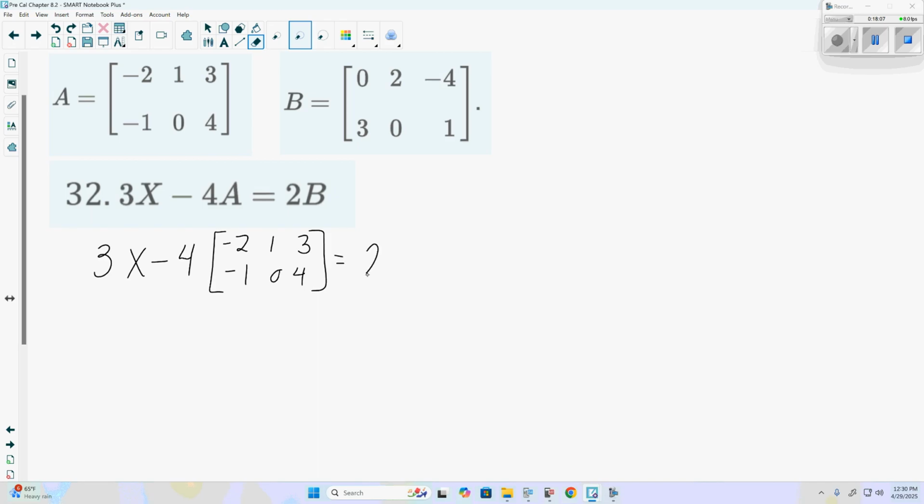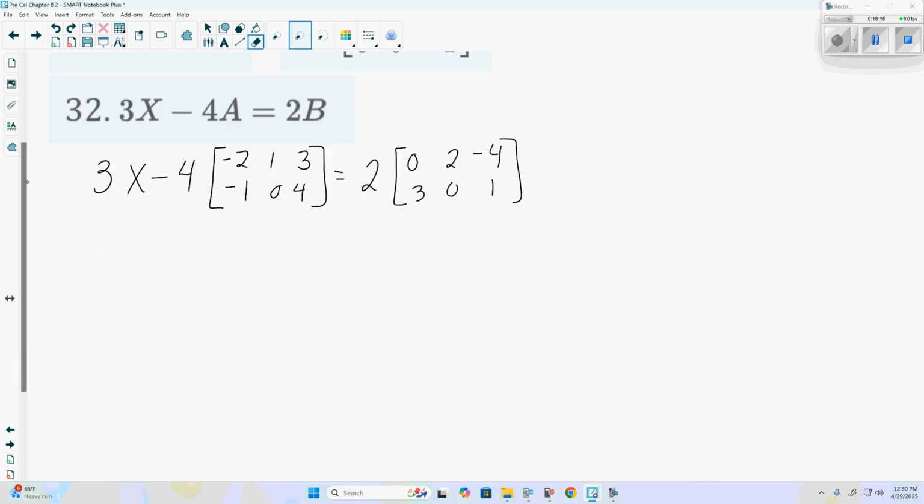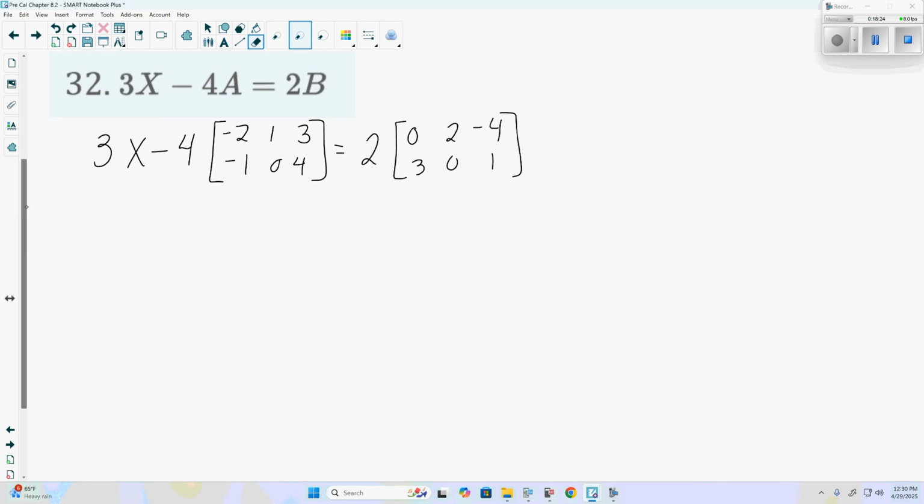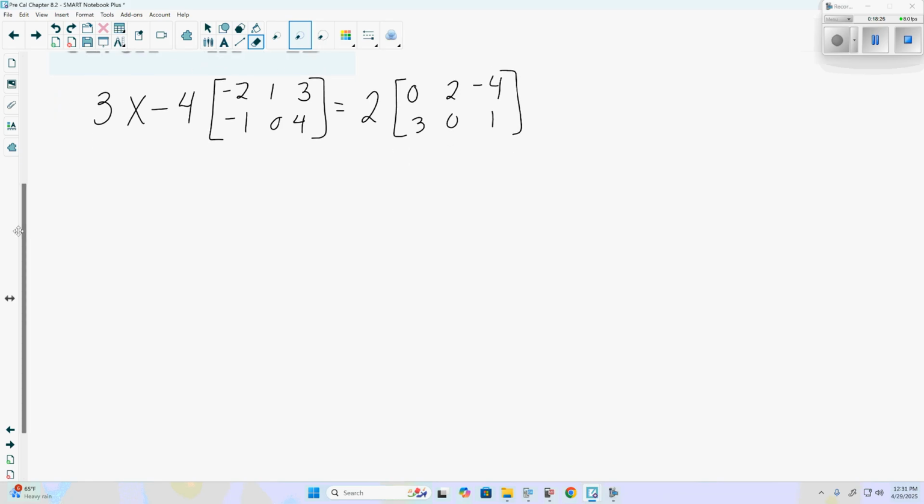And we're saying this is equal to 2 times our matrix B. And we want to be able to solve this for X. We want to find out what matrix X is. Now, for this to work, matrix X is also going to have to be a 2 by 3. Only way this works. But the first thing that we're going to have to do is try to get X by itself.